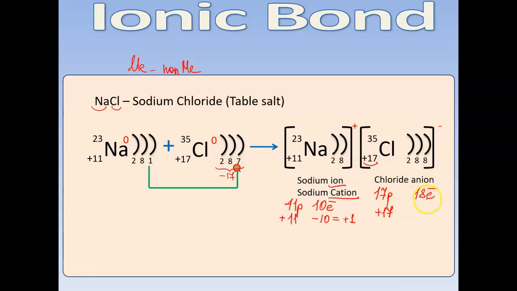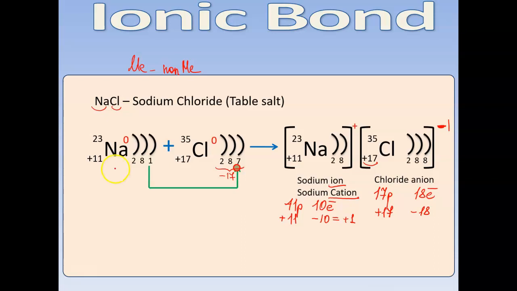And the charge of 18 electrons is minus 18. And the total charge of this particle will be minus 1, right? So now this particle is not an atom too, it's an ion, an anion. It's a negatively charged particle which is formed from an atom by gaining electrons, okay?